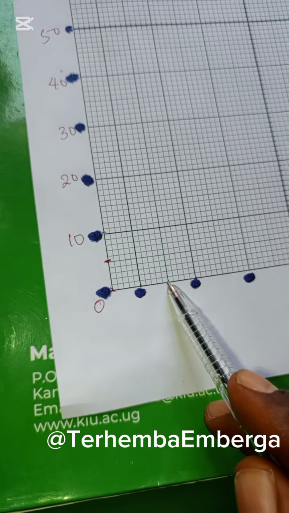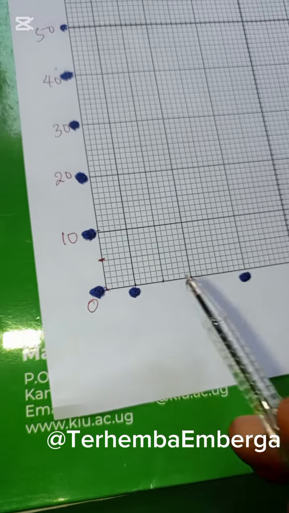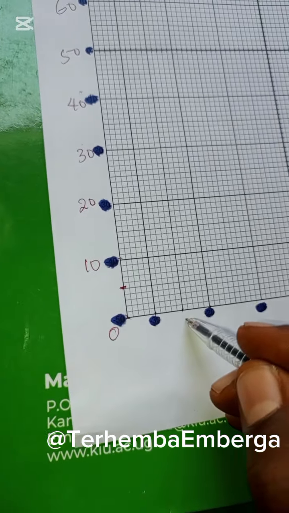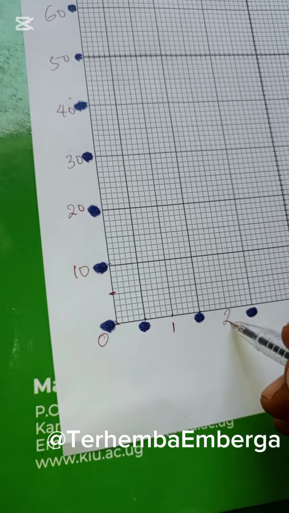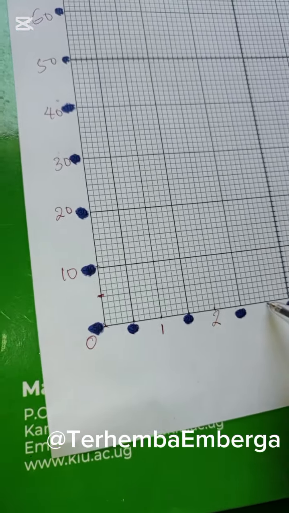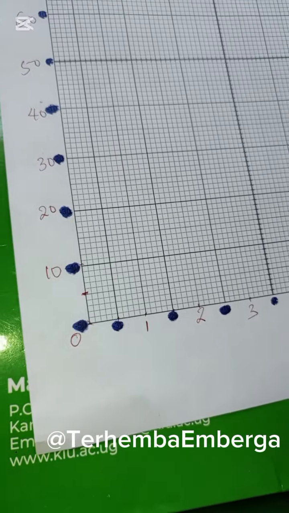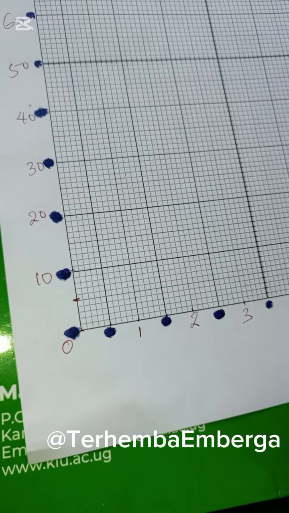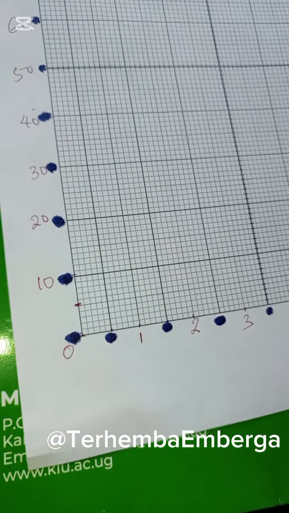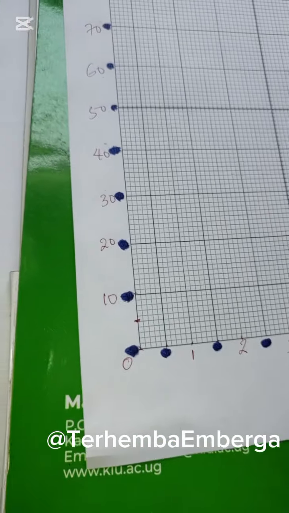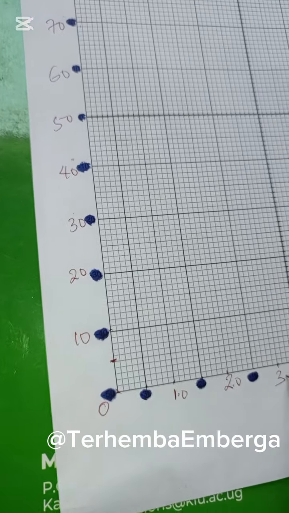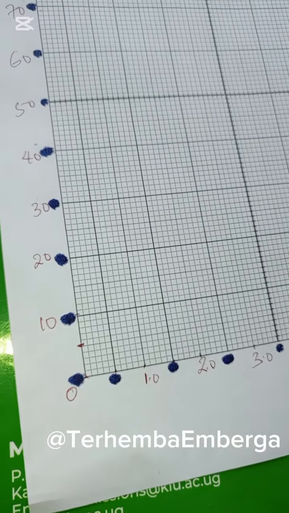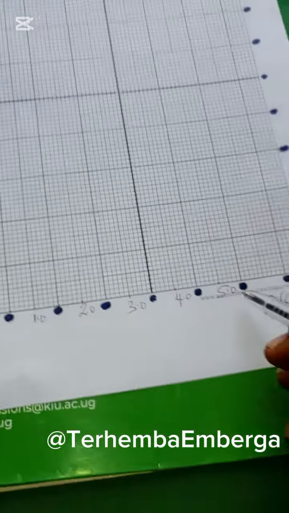So we can say that 2 cm represent 1 cm. So this is 1, 2, 3, 4, 5. It's 1.0, 2.0, 3.0, 4.0, 5.0.